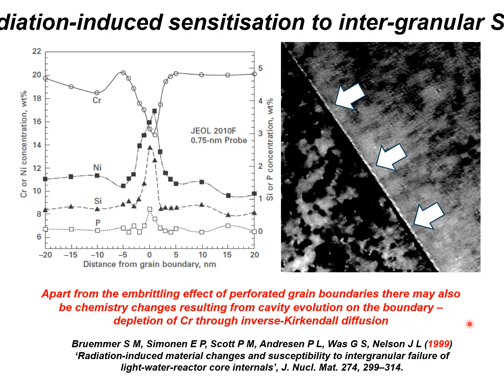And I noticed this particular figure from work by Steve Brummer and company, where they got measurements of chemical depletion and segregation at the grain boundary, and they had a micrograph beside it.